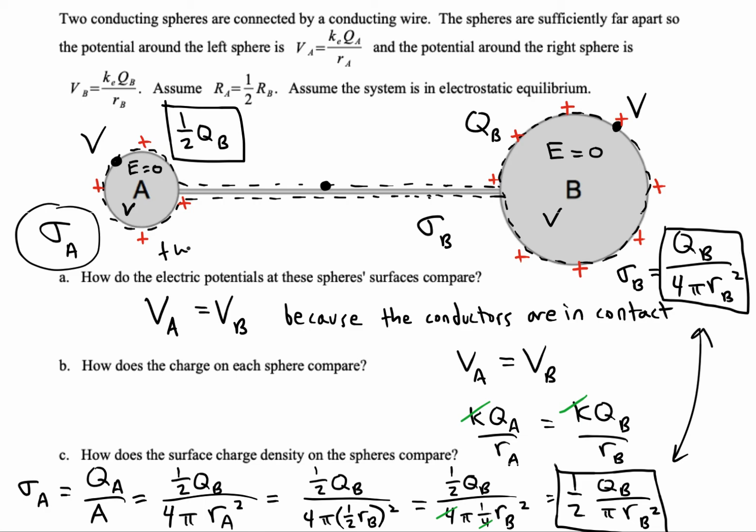So twice the surface charge density. It works out that more charge goes on the surface of this guy. And we all know that conductors will spread their surface charge out because the surface charge wants to get away from itself, basically.